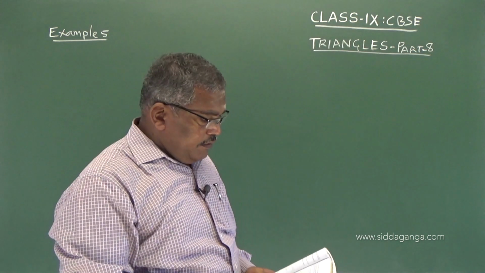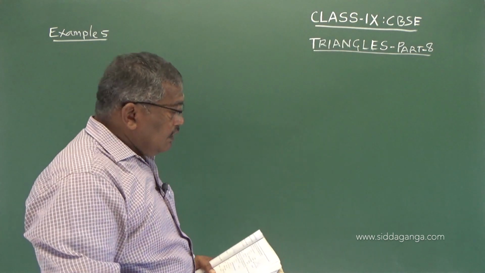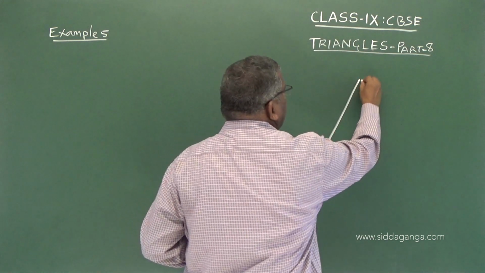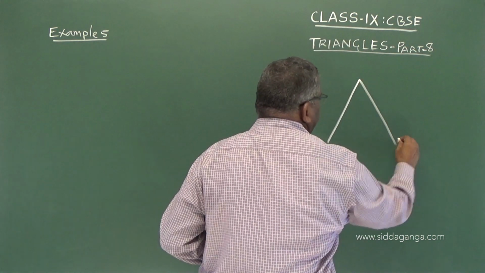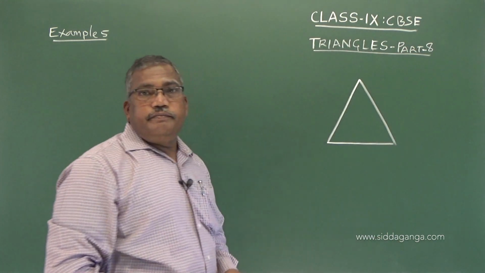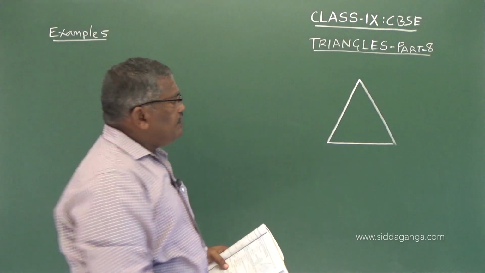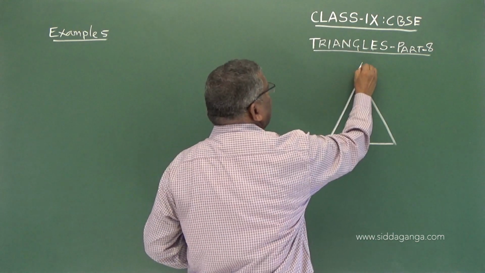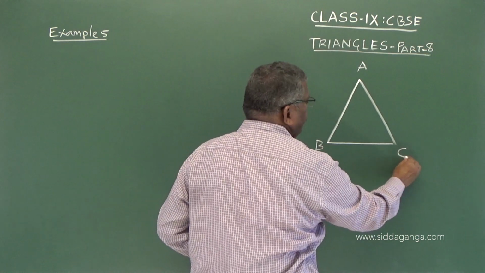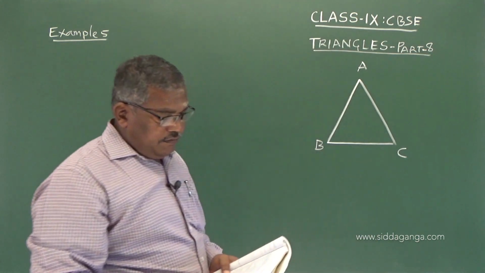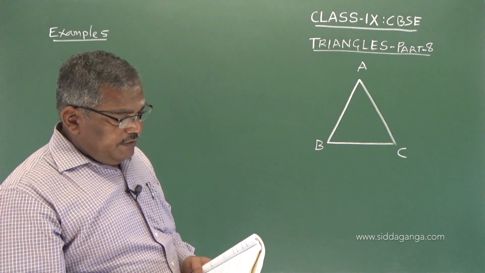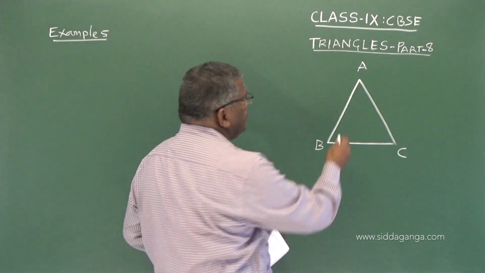So, in this problem, a triangle ABC is given, and E and F are midpoints of AB and AC.